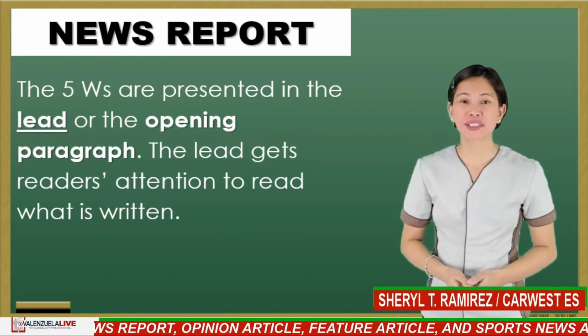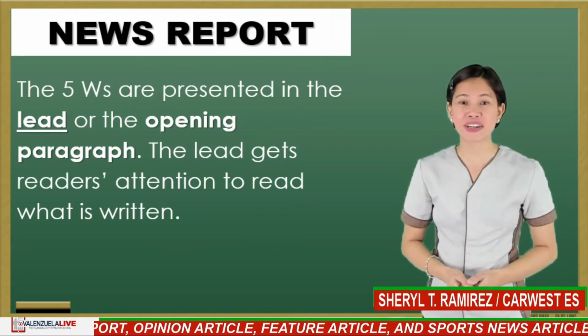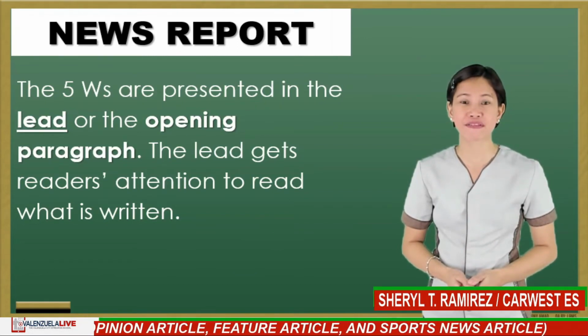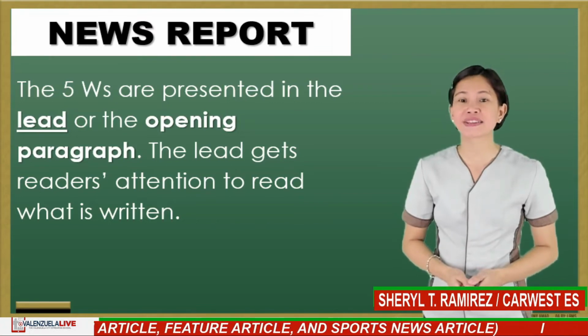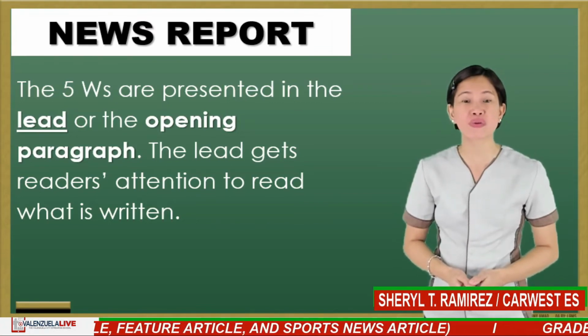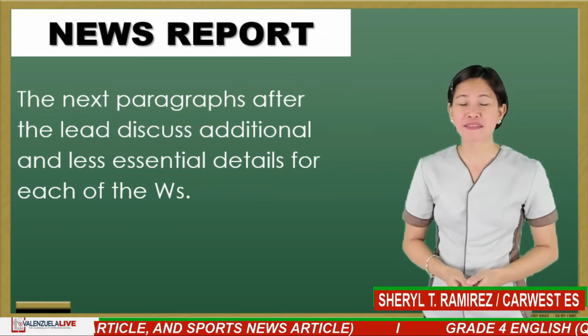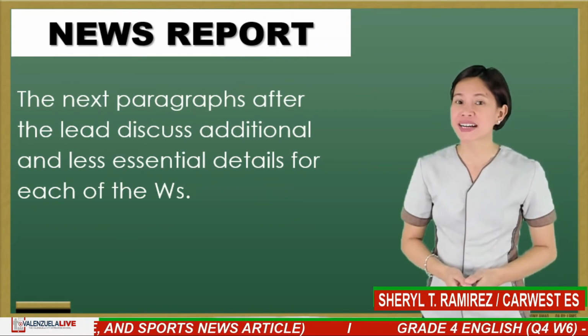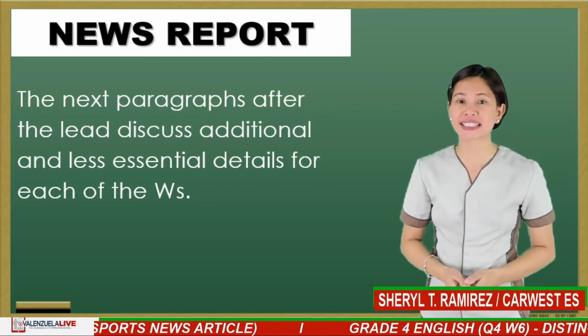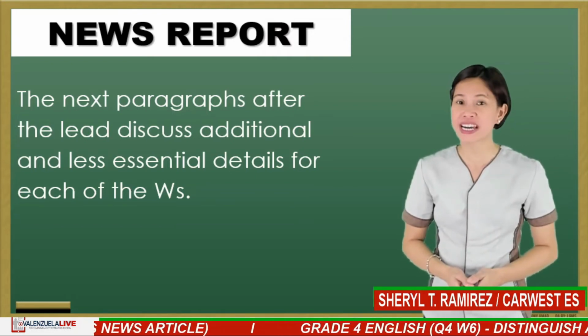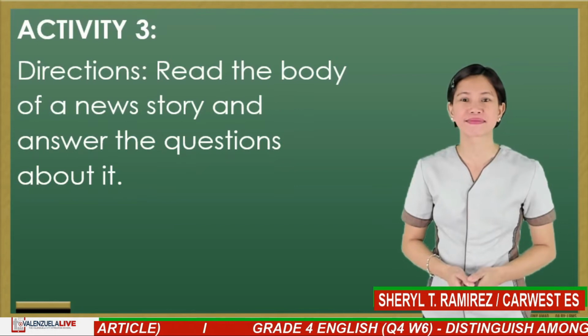The 5 W's are presented in the lead or the opening paragraph. The lead gets the reader's attention to read what is written. The next paragraphs after the lead discuss additional and less essential details for each of the W's.